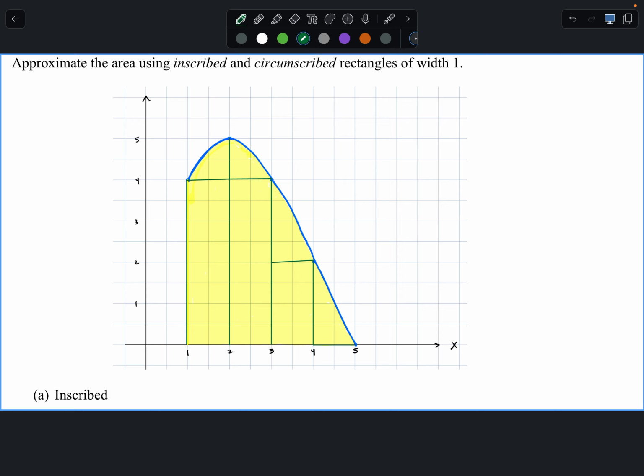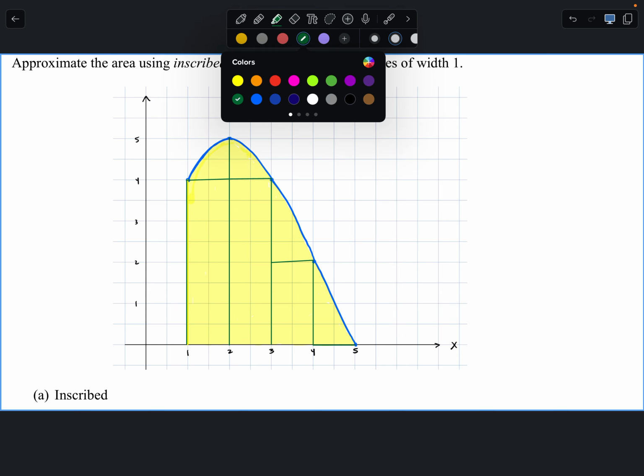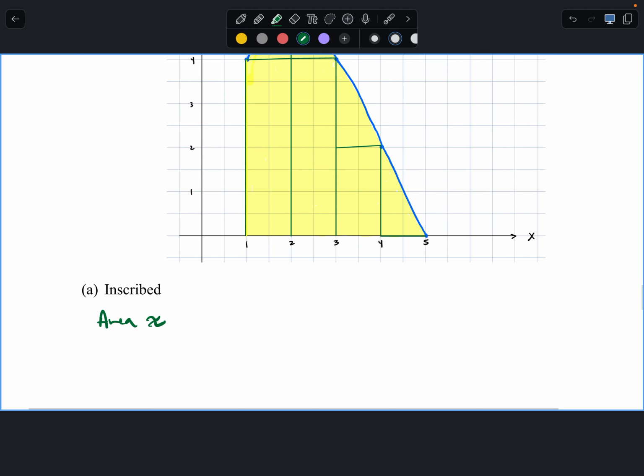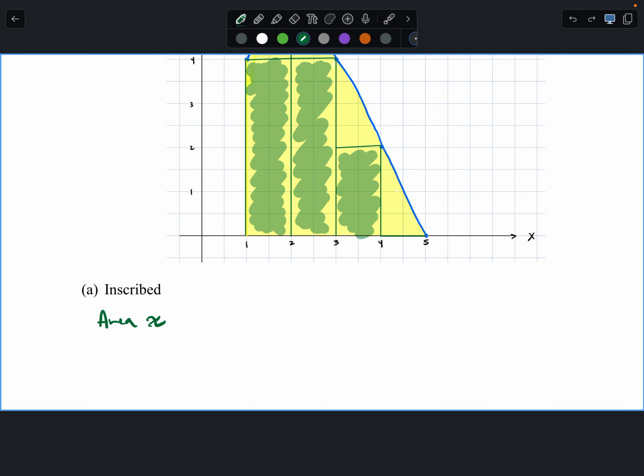The last rectangle. Okay, so let's focus on these. So adding up the areas of this rectangle, this rectangle, this rectangle, and that last rectangle, which there isn't really anything there.